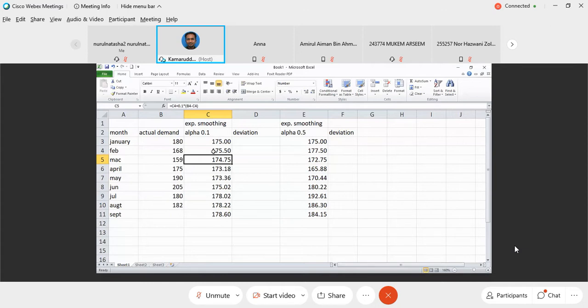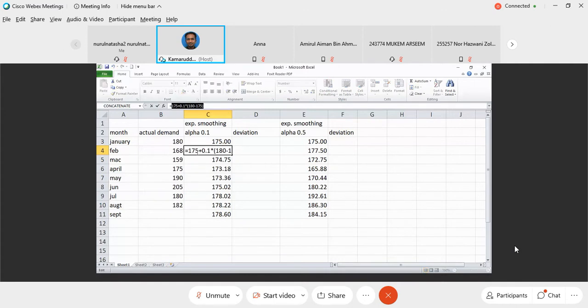Boleh. Katakanlah kita nak buat forecast pada bulan Februari. Jadi apakah maklumat yang kita perlukan? Maklumat yang kita perlukan adalah forecast dan actual demand pada bulan sebelumnya, iaitu pada bulan Januari. Jadi 180 tersebut kita akan masukkan, sorry, 180.